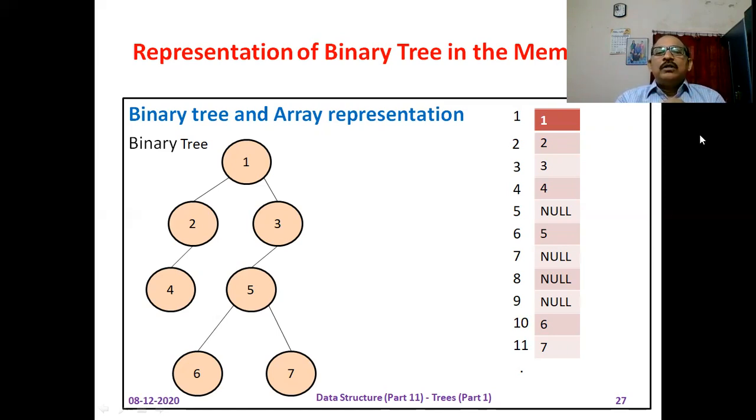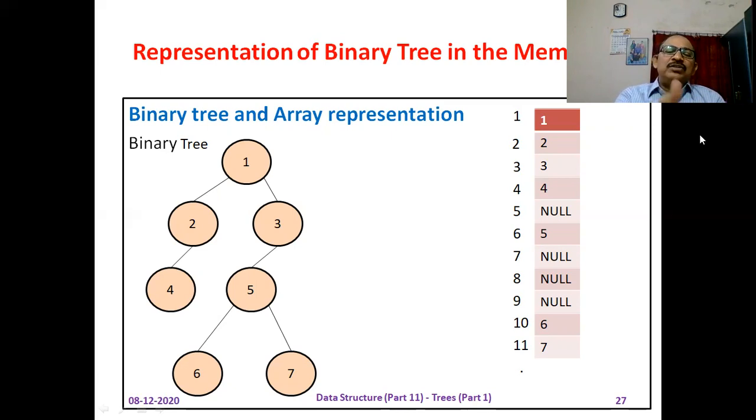To store a binary tree of height 3, what is the memory space required? The memory space required to store a binary tree of height h is equal to 2 to the power h plus 1 minus 1. Here you can see the height of this tree is 3.